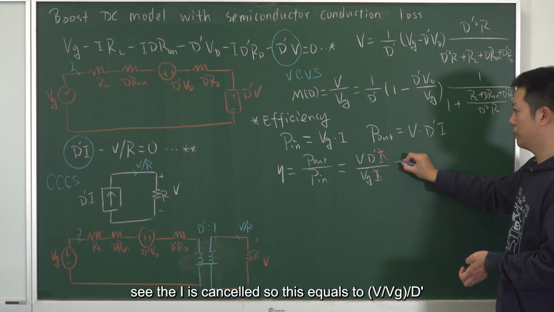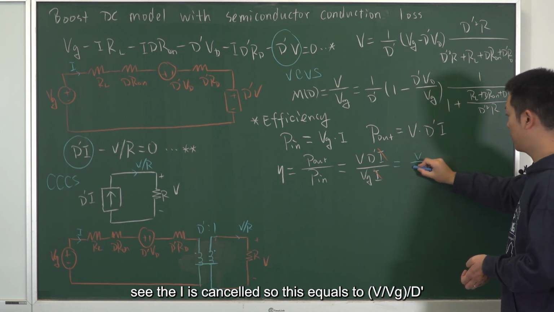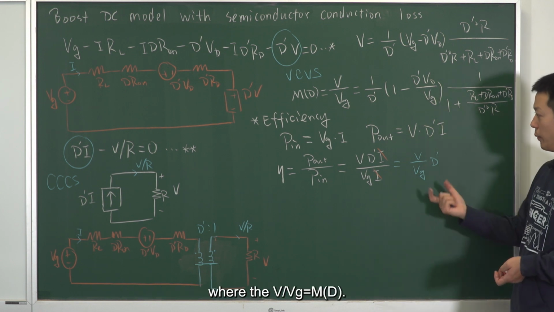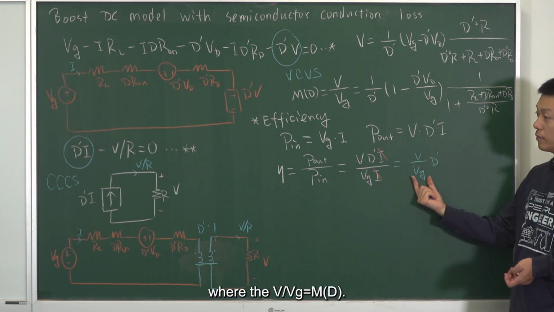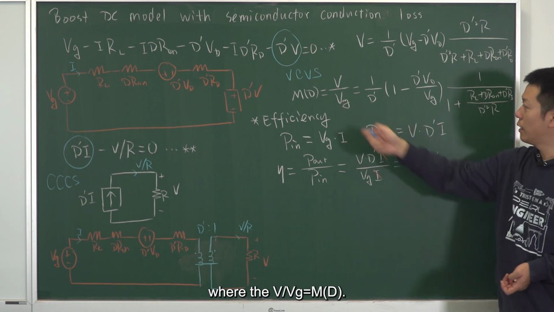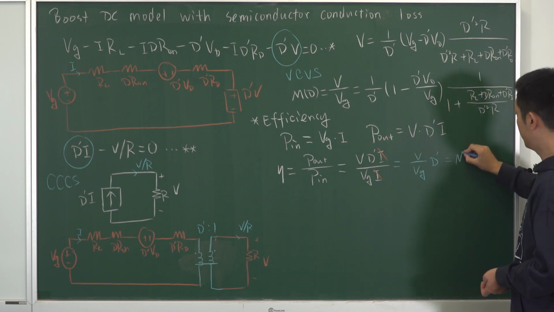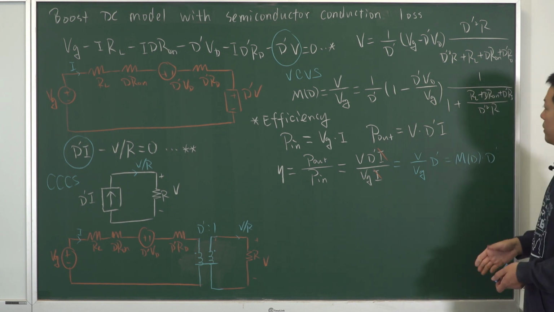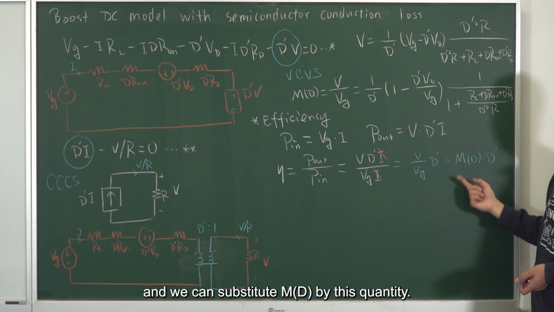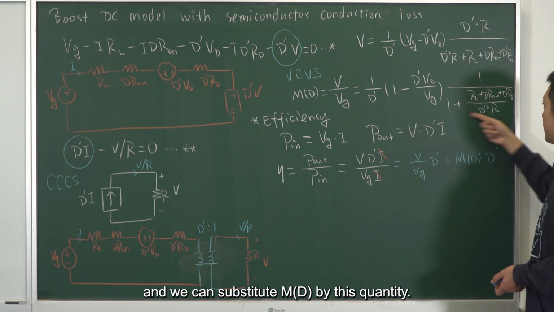So this equals to V over Vg times D prime, where V over Vg equals to the voltage conversion ratio. And we can substitute M(D) by this quantity.